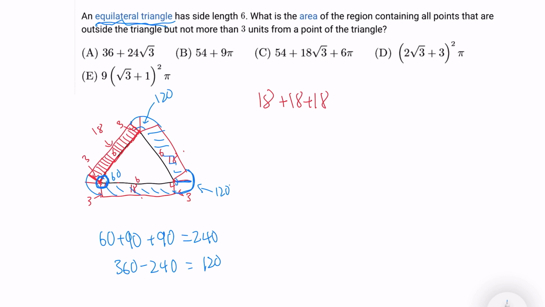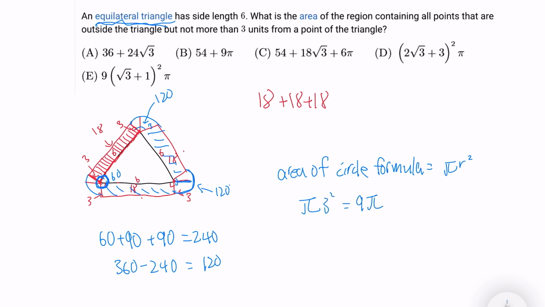We know that the radius of the circle is 3 because we're using the line I drew earlier that represents the 3 units from the point of the triangle. The area of a circle formula is pi r squared, and r, the radius, is 3.